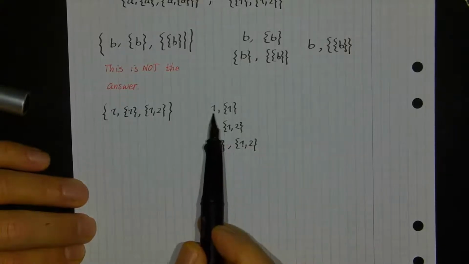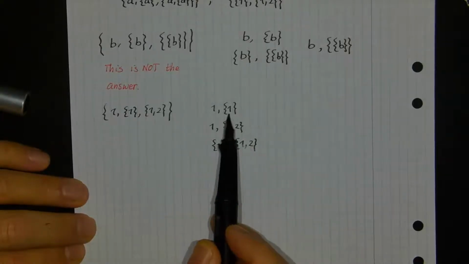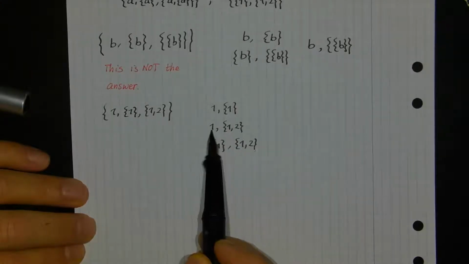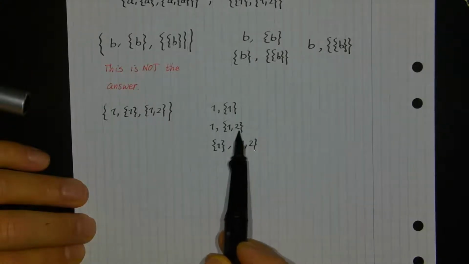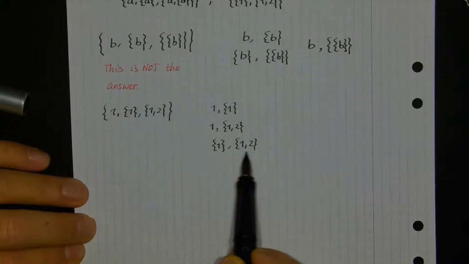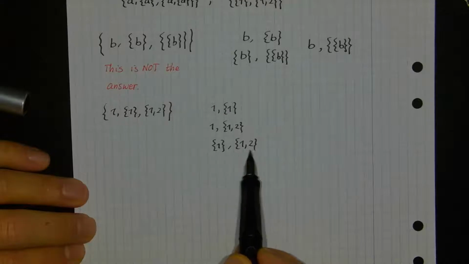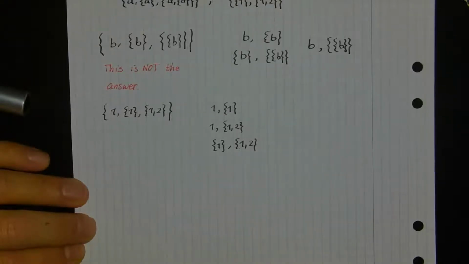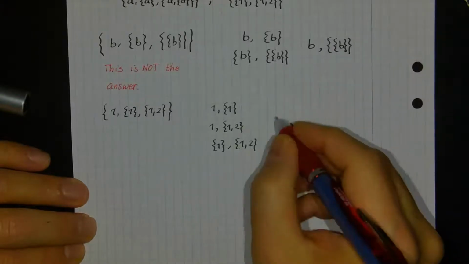Again, for the first pair, the left-hand side one is a member of the right-hand side one. The same for the second. But here, neither the left-hand side is a member of the right-hand side, nor the right-hand side a member of the left-hand side. So this is not the answer again. Okay?